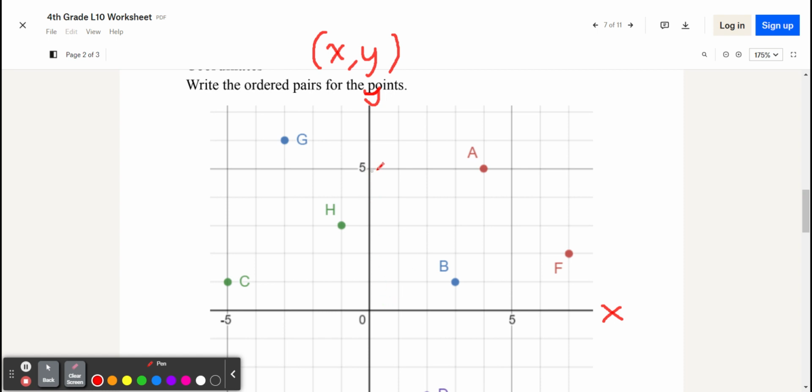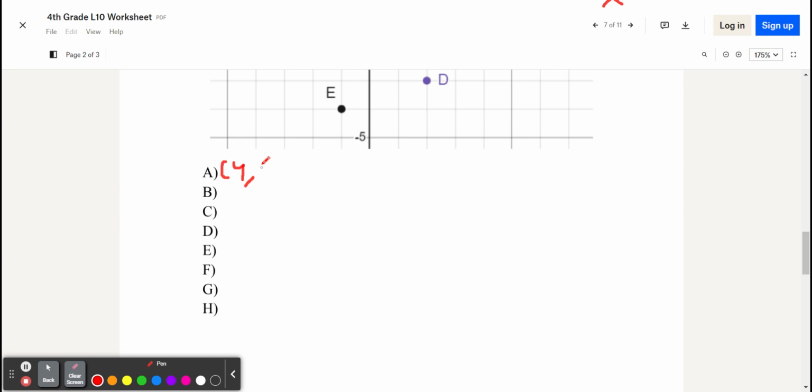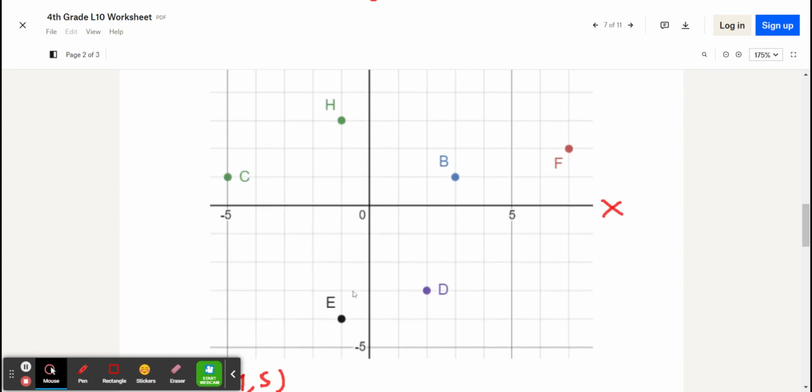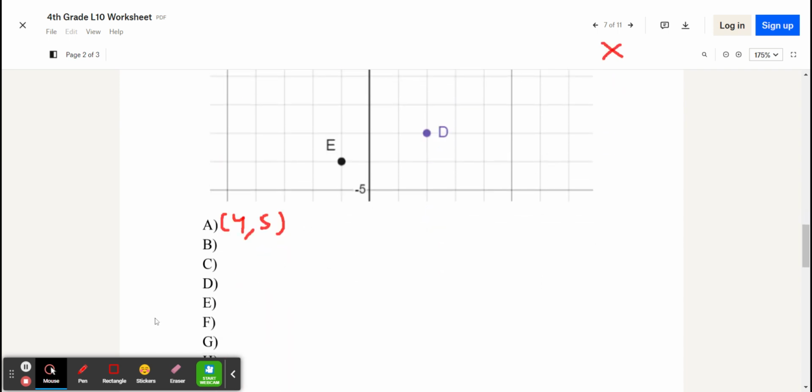You can see it's 5 units up. So it's 4, comma 5. And then you close the parentheses. Same process for letter B. 1, 2, 3 to the right, so x equals 3, and then up 1, so y equals 1. So then you would have 3, comma 1.